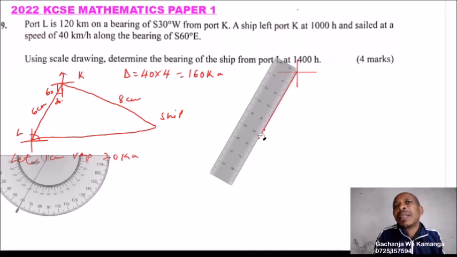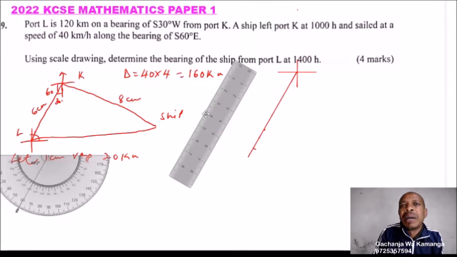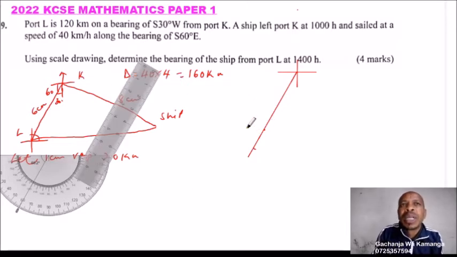So that's our line, and we are saying our scale is 1 centimeter represents 20 kilometers. So we measure around. This is 6 centimeters. So that's where we have our K. This is we are talking of point L.